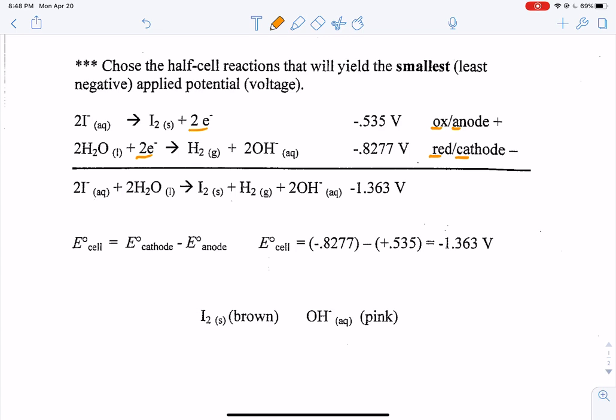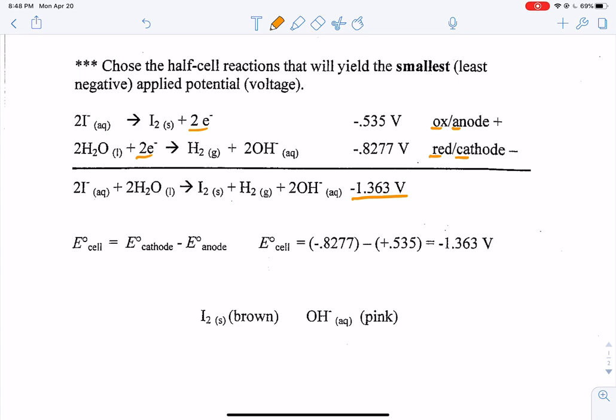And so the smallest difference of the possibilities we just talked about, the smallest amount of electrical energy we have to provide, the easiest reaction to make happen, would only require 1.363 volts. That's how much energy we would need to provide with our power supply.